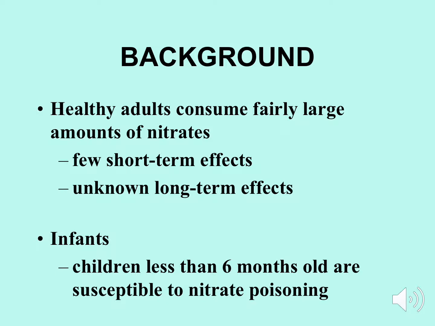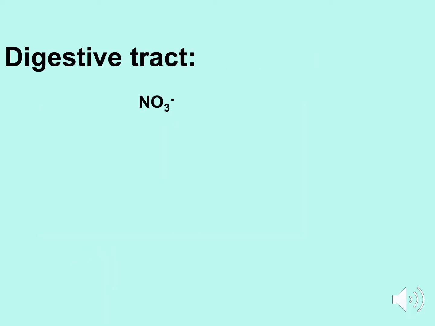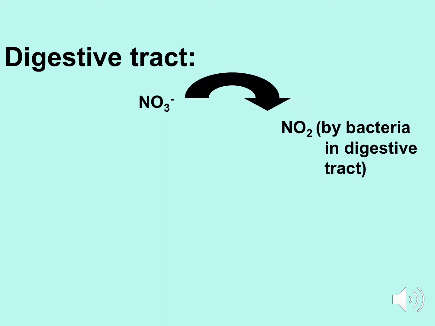And this is what happens to a child that's very young. A child less than 6 months old consumes nitrate. That nitrate goes to the digestive tract. And when a child is born, our stomach decomposes the food that we eat using bacteria.